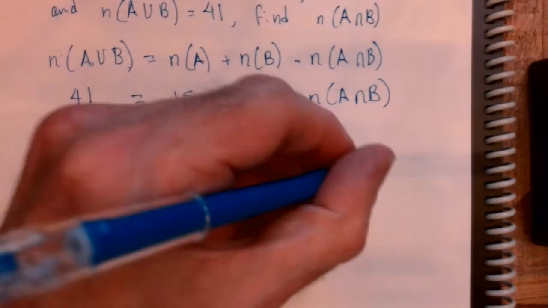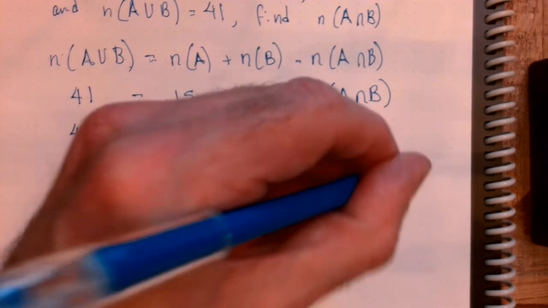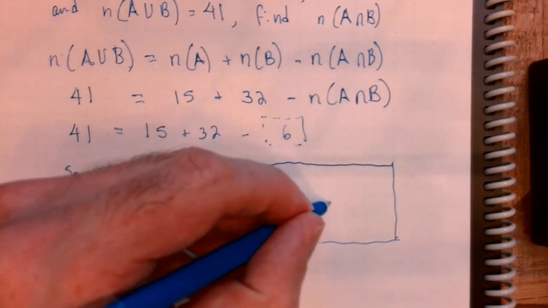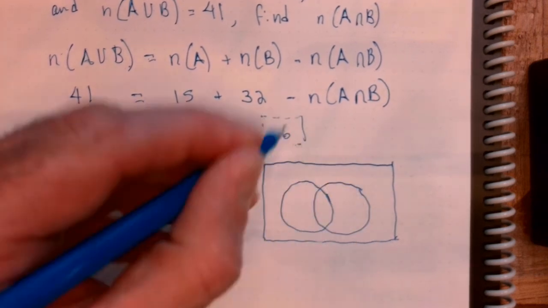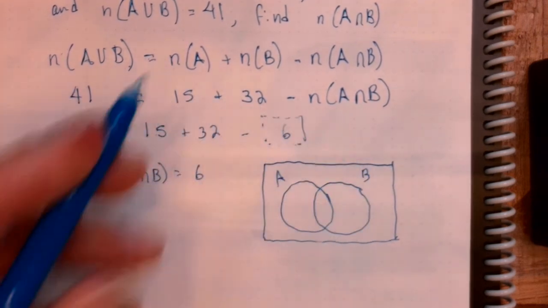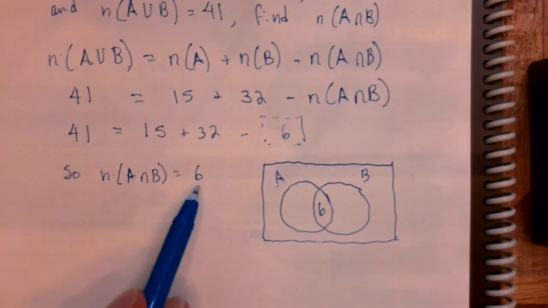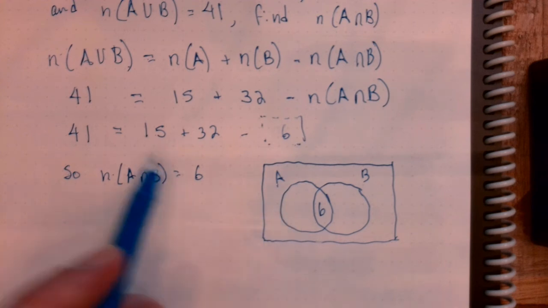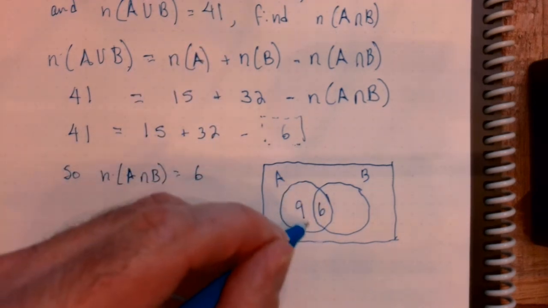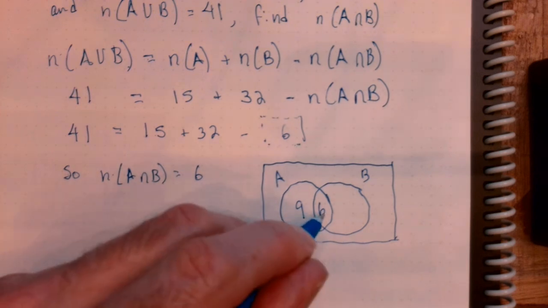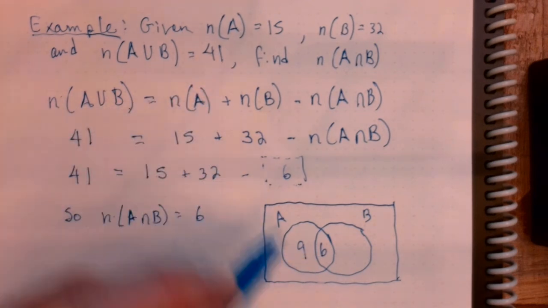I can check my work by filling out a little Venn diagram right here. So A and B. That should be a 6 because we just figured out the overlap. Now I know the number of things in A has got to be 15, so there must be 9 elements in here, because these two numbers have to total the number of things in A, which is 15.